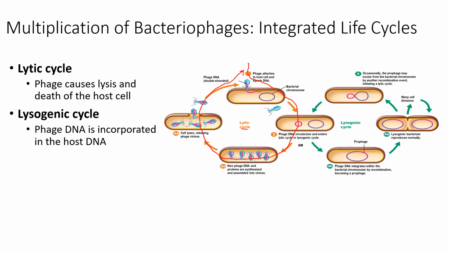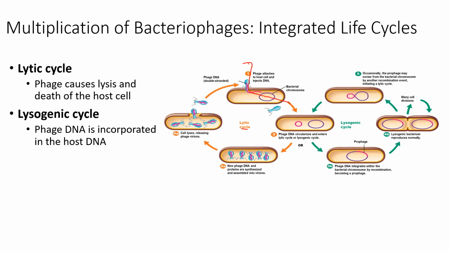Okay. But now let's walk through lysogenic bacteriophage. Quick little summary. So again, they start the same way. It starts with the bacteriophage attaching and injecting its DNA into the host.